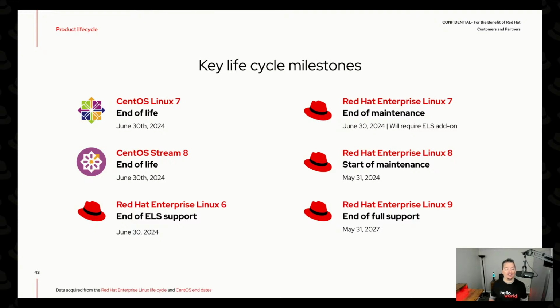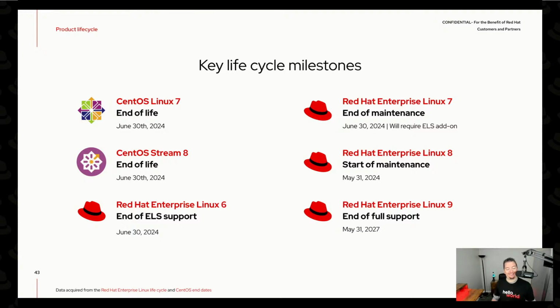It's riding off into the sunset because the extended lifecycle support, the ELS offering, is going to expire on June 30th. And then RHEL 7 will take its place on July 1st. RHEL 7 is going end of maintenance and will soon require an ELS add-on.